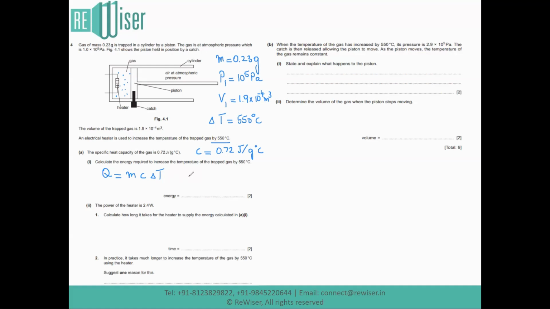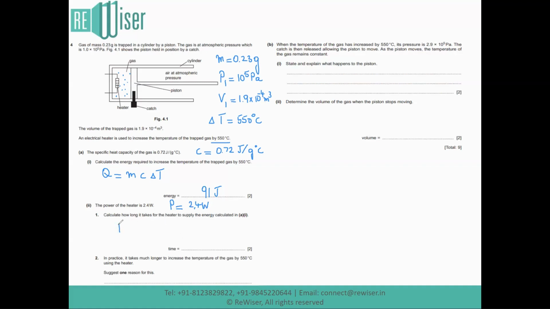When simplified and approximated using significant figures, we get the value of energy as 91 joules.